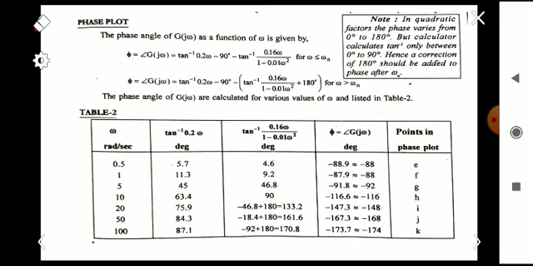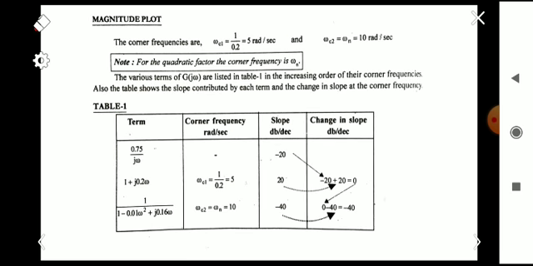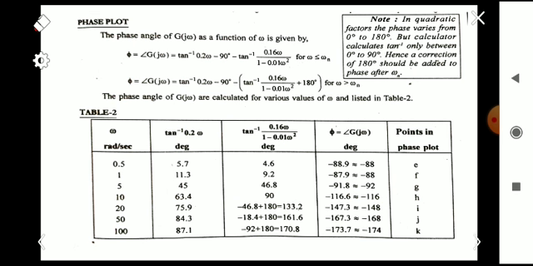Here omega c equal to omega n equal to 10, so up to 10 radian per second we consider this equation. For frequencies greater than omega n, that is greater than 10 radian per second, the equation becomes this one, and the change between the two equations is that we add a plus 180 to the phase angle corresponding to the second order term.